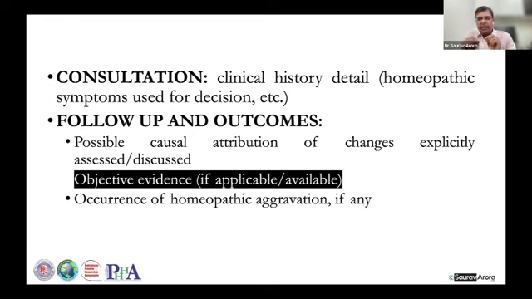Now, let me tell you one very interesting incident which happened a few weeks back when I was teaching my students. We all take a case, we all deduce a prescribing totality. Am I right? Yes. But this is where the catch point is.